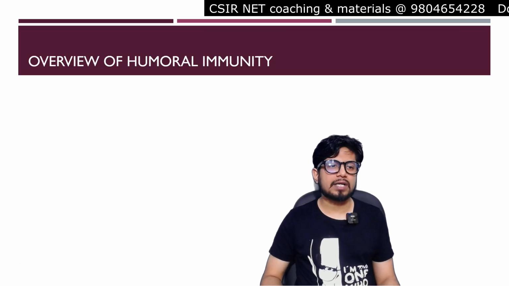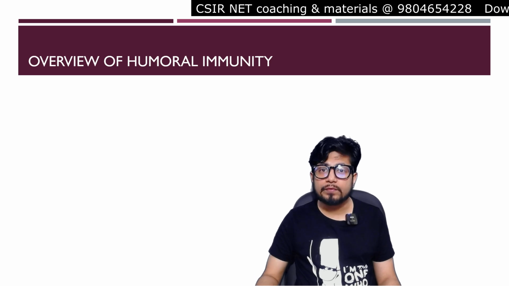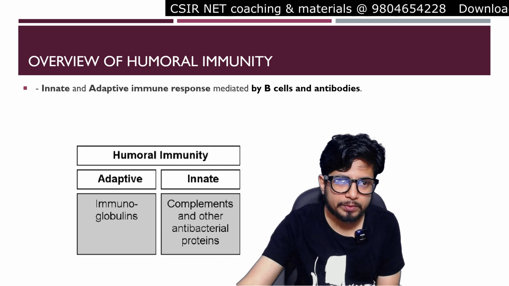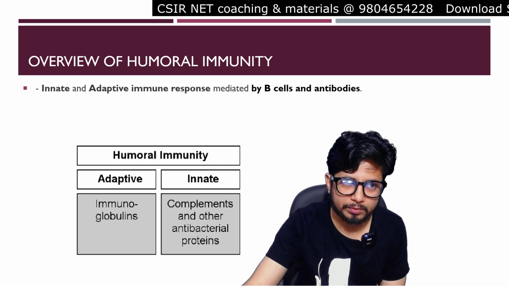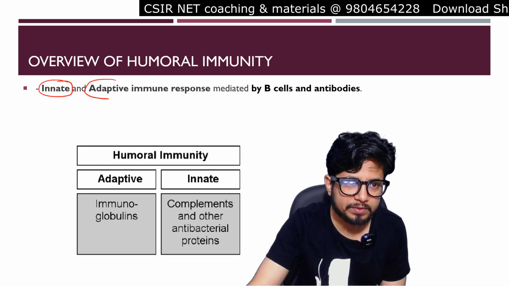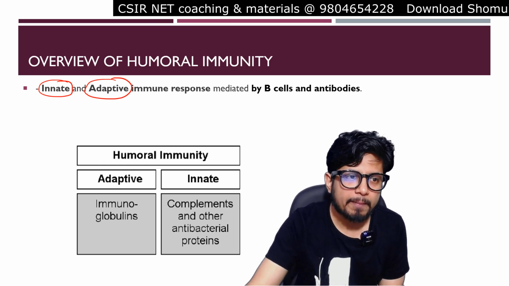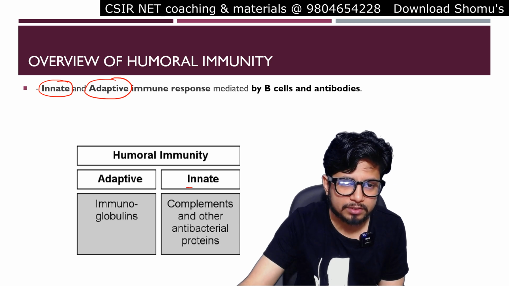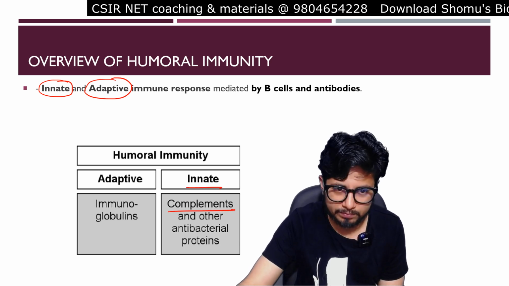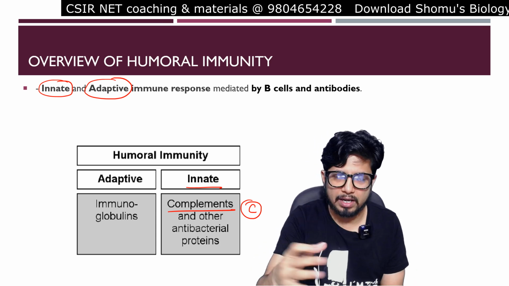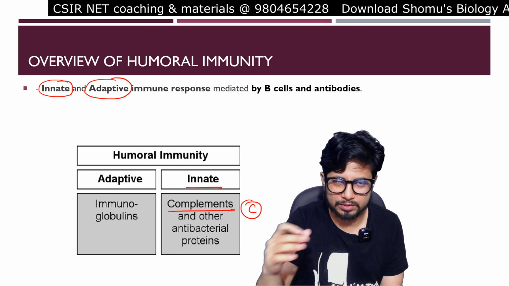Starting with an overview of humoral immunity, it has an innate part and an adaptive part. Innate immunity and adaptive immunity are both present inside humoral immunity, but the innate part of humoral immunity is maintained by complement proteins, known as C proteins, with different names: C1, C2, C3, C4, C5, like that.